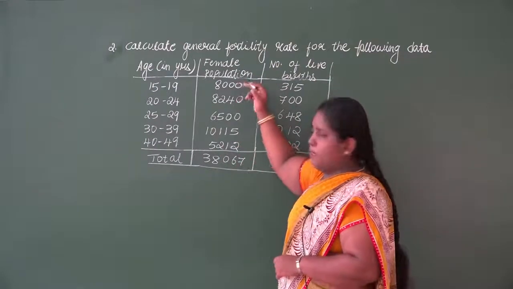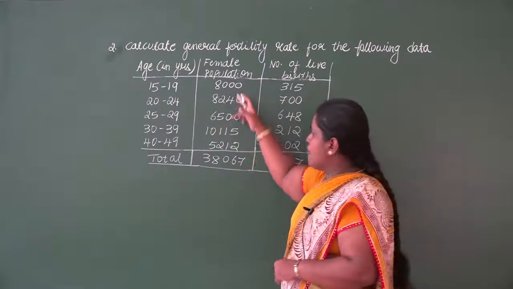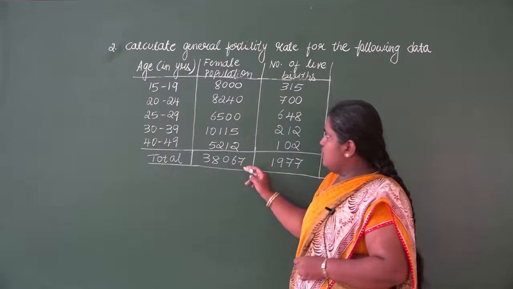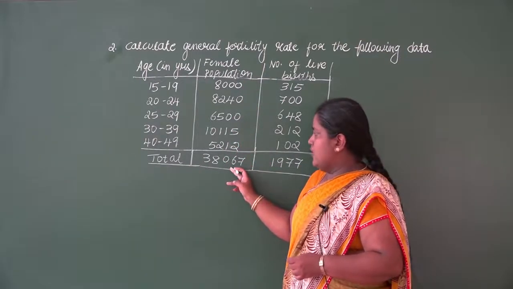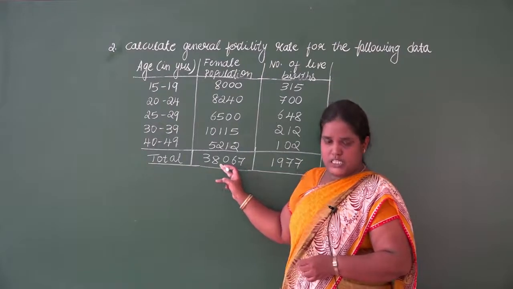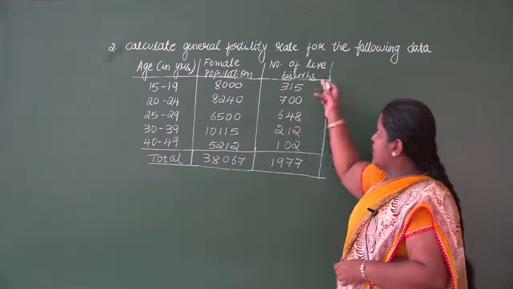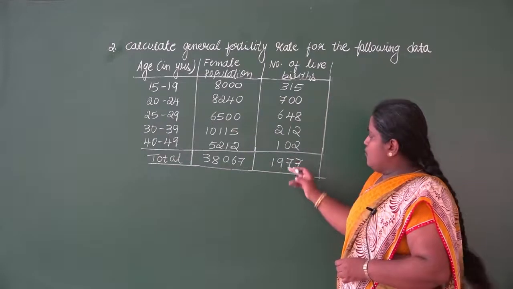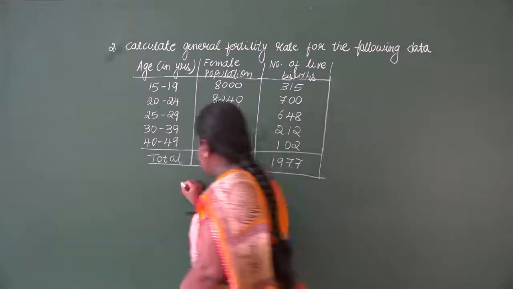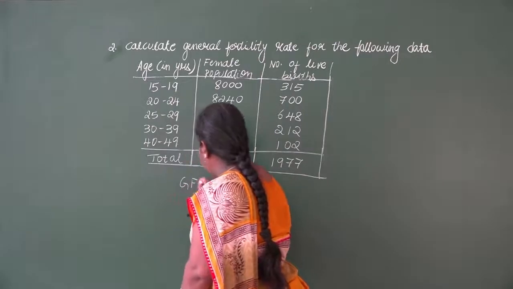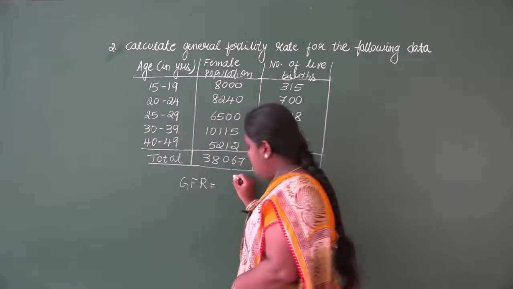Only the female population is given. So add the female population, all five values. When you add them, you get 38,067. Similarly, add the live births and we get 1,977. Now write the formula and substitute.